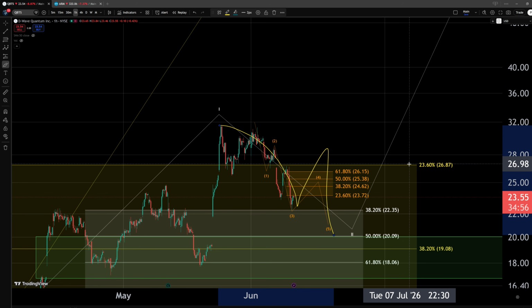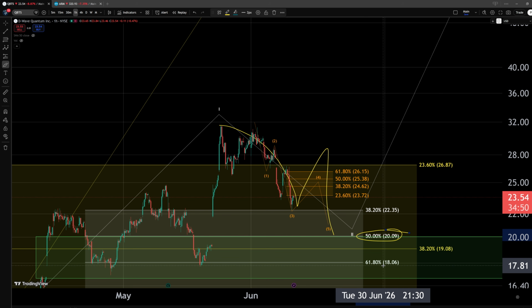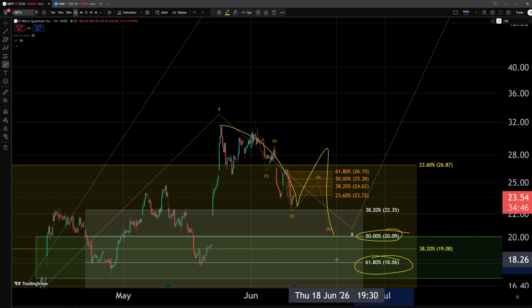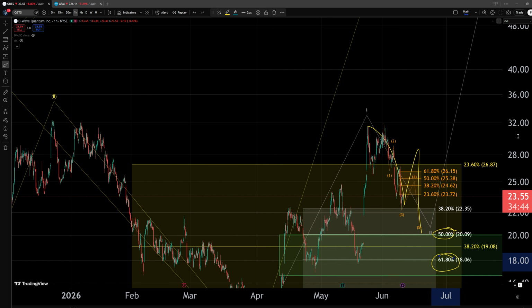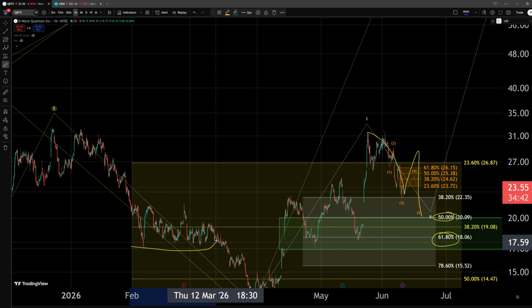What I consider to be most interesting is certainly going to be this area from the 50% retracement at $20 and lower. Yeah, the 61.8% retracement, also a very interesting level to consider. And then this massive chunk of structural support we have previously identified just below $18.